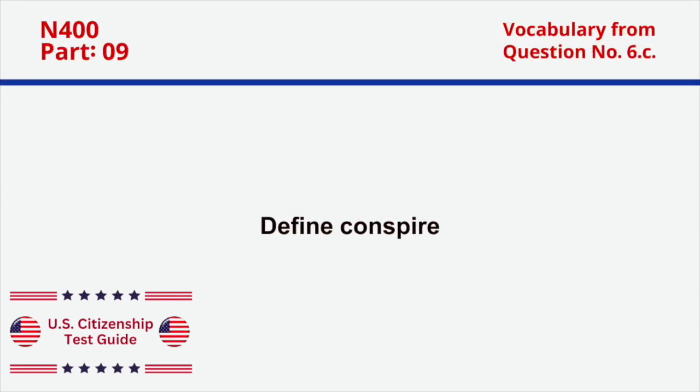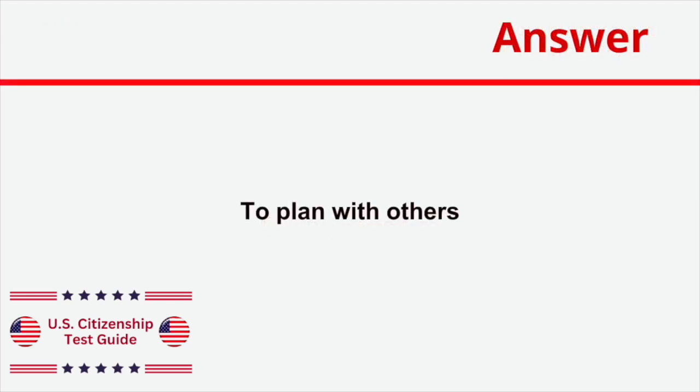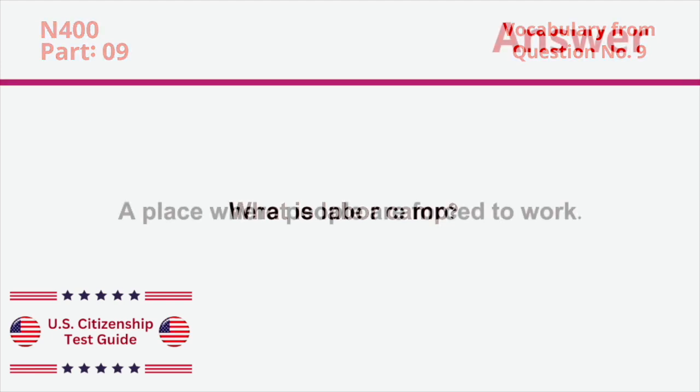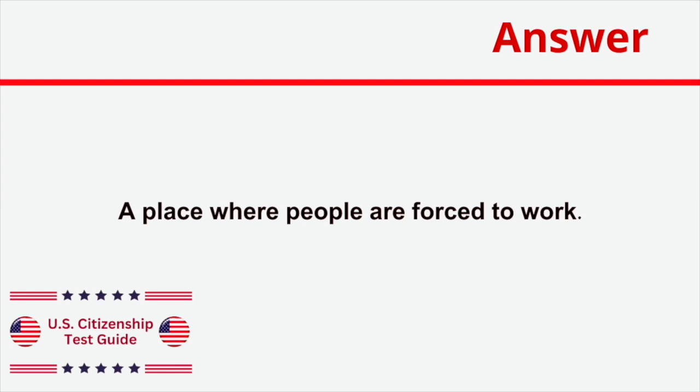Define conspire. To plan with others. What is labor camp? A place where people are forced to work.